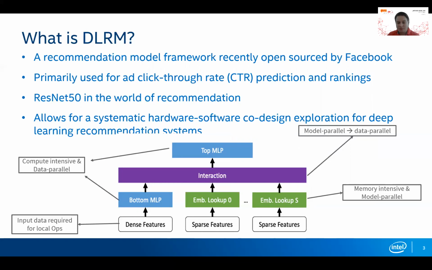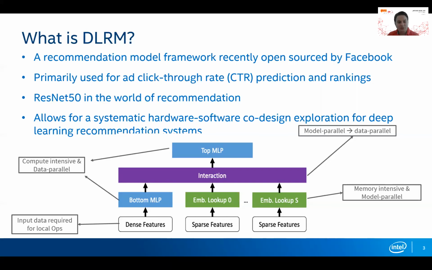How is it comprised? As you can see, it's a very simple system of many different components, and therefore we stress all kinds of different aspects of our computing system. On the bottom, on the input side of the model, we have dense and sparse features.